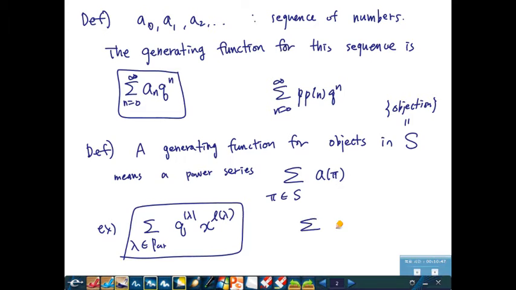So this is the generating function for the sequence of plane partitions, but you can also think of this as a generating function for partitions, because maybe pi is a plane partition, I don't know, all plane partitions q to the size. These are equal. So this is a generating function for plane partitions, something like that.